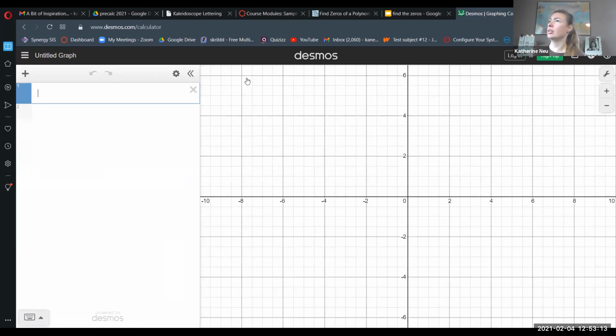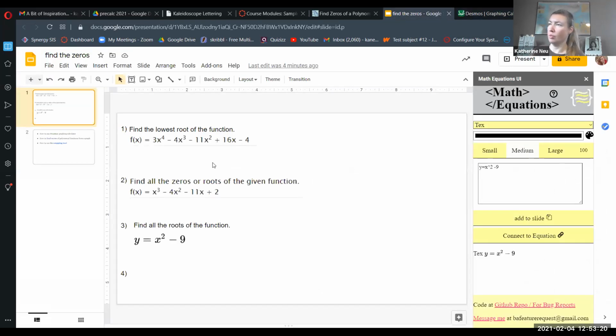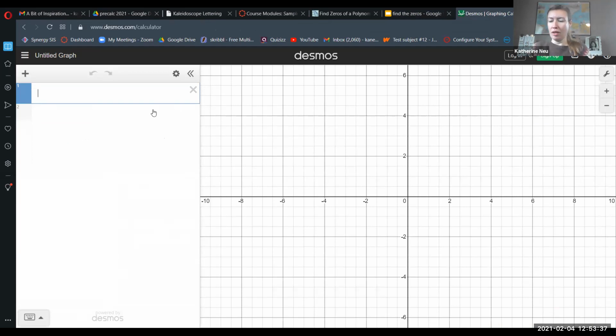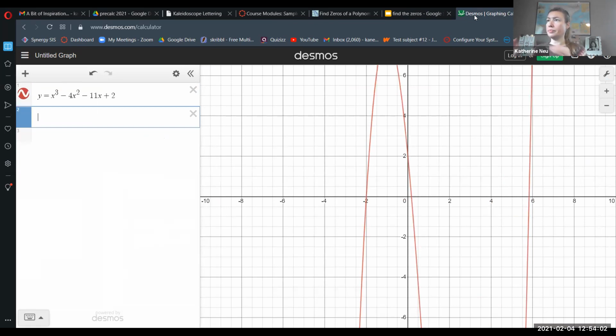Here we go. Graphing calculator. So it says find the zeros. Now I've got to remember what zeros I need to find. Find the lowest root of the function. Let's see. This one's got a lot more terms. I'm just going to start down here. So x cubed minus 4x squared, boom.